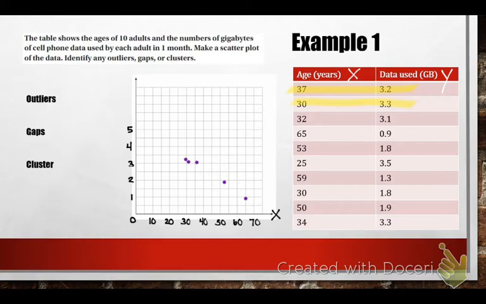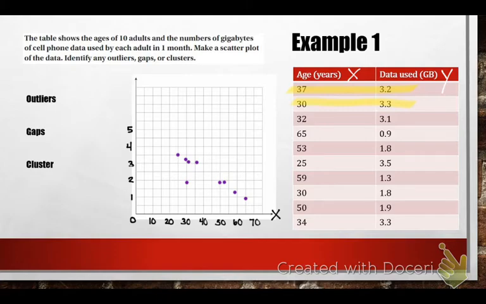Okay, let me just get the rest of the points on here now. 25, up 3.5. All right, from the looks of things, it looks like you guys are doing well. 59, up 1.3. 30, up 1.8. 50, 1.9.